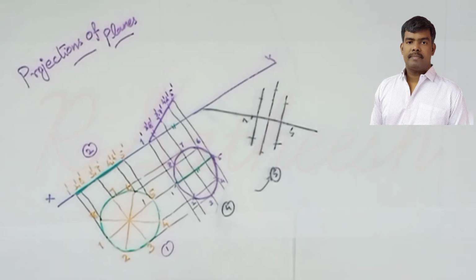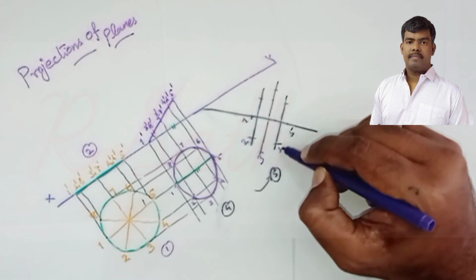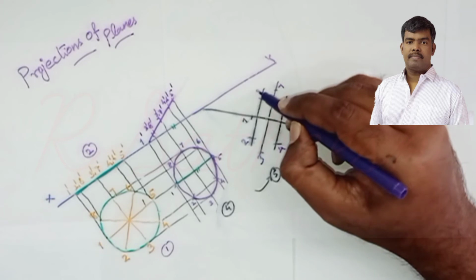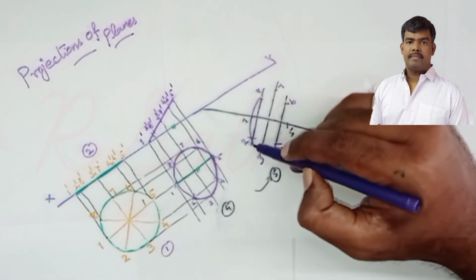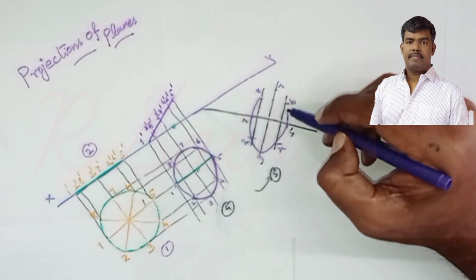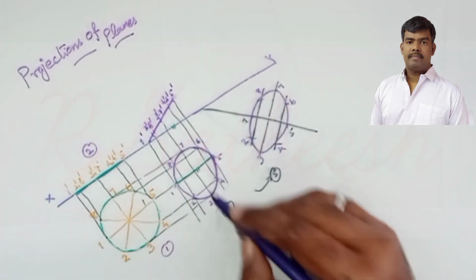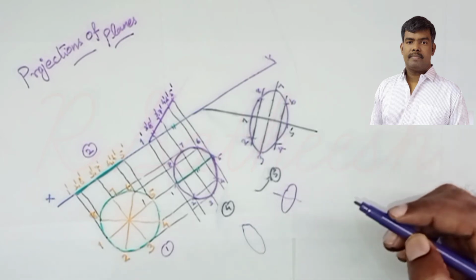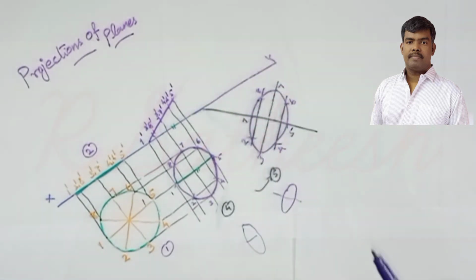So finally we got, this is 1, this is 2, 3, 4, 5, 6, 7, 8. Clear? So this is the ellipse. Actually here the ellipse comes to here. Now it converts in this direction. Clear? After that you trace all the points.